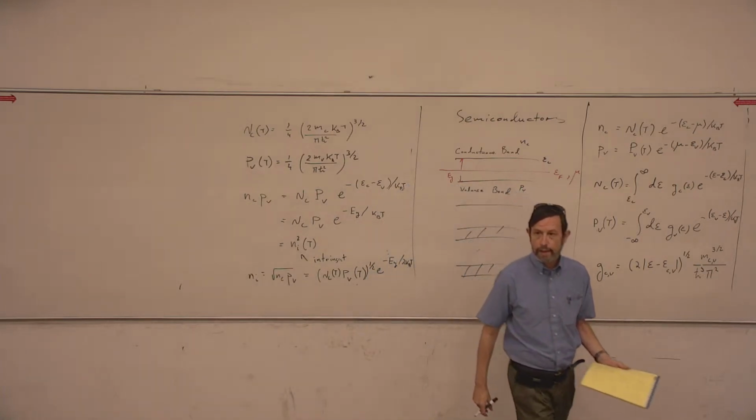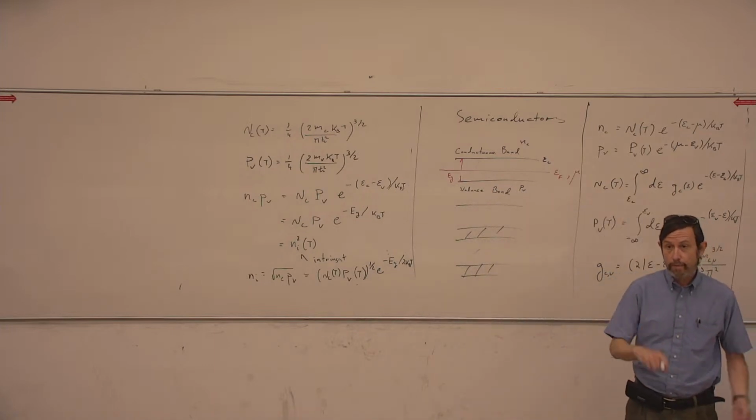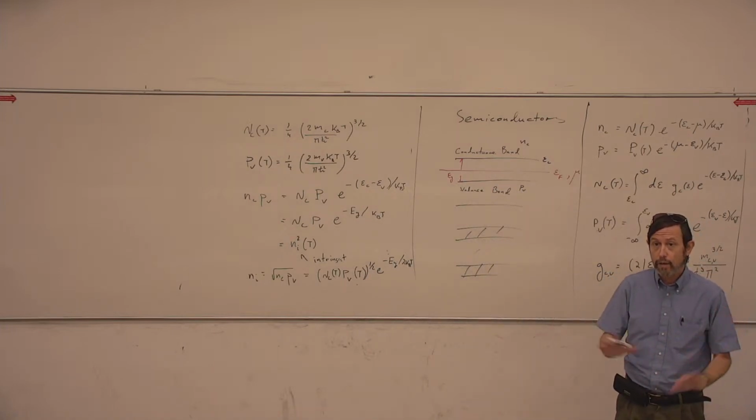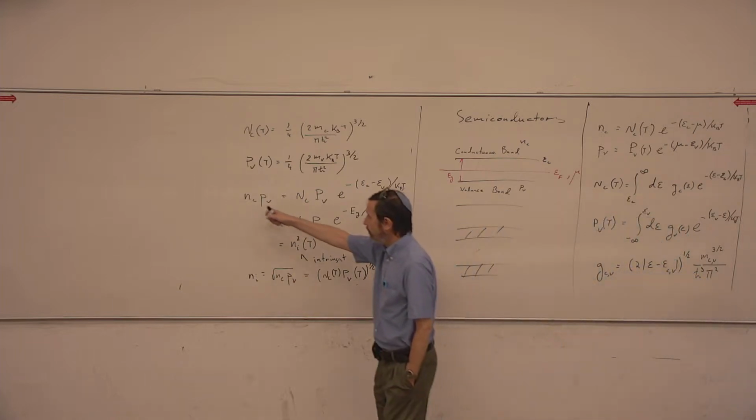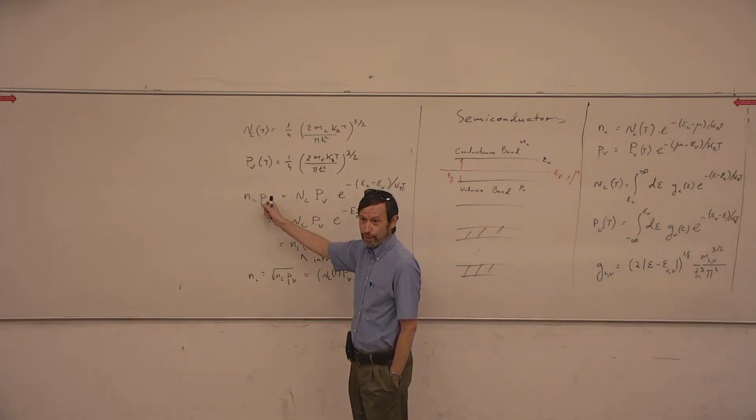So the number of electrons or the number of holes in each band I can know without determining mu at all, because of the fact that they're equal to each other.